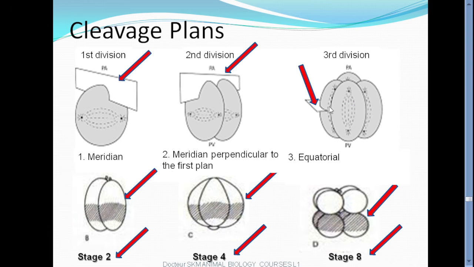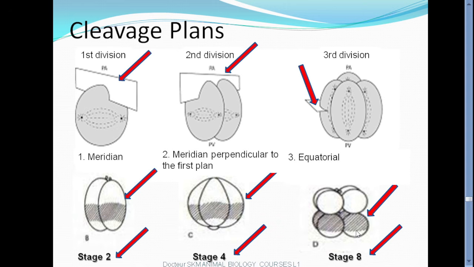Equatorial means that it crosses the cells in the middle, like this. And in the end we obtain 8 blastomeres. When I say blastomeres, it means that all the cells have the same size, and this is the stage 8.